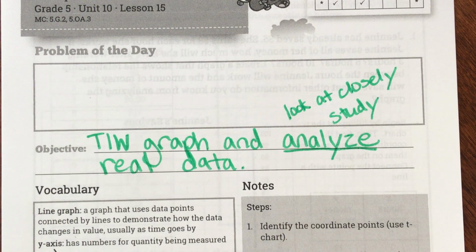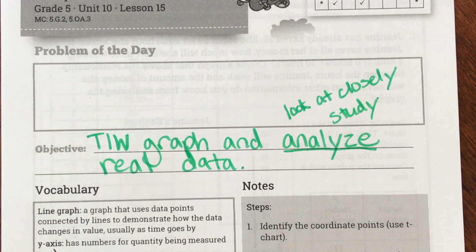So we're going to be looking closely at or studying some real data. Now, what real data is usually going to be like a set of numbers that could apply to real life.